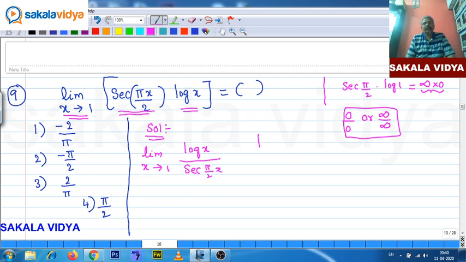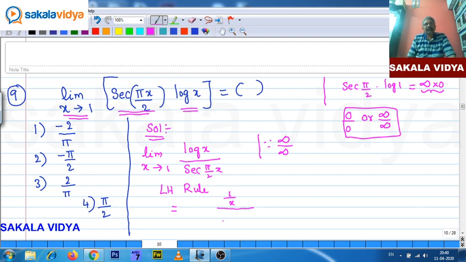Now, this will be in the form of infinity by infinity, so that we can apply L'Hospital's rule. If you apply the L'Hospital's rule, derivative of log x is 1 by x, numerator derivative.